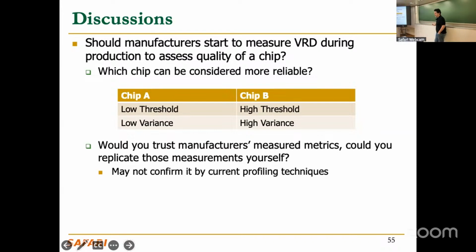We may not be able to reach the advertised threshold value at all, because we assume that this threshold value changes over time. They can just say, we have this lowest threshold that we encountered, and maybe you would try to test it at home and never reach that value because it's guard banded by some value. Any comments on that? Would you like to do it yourself, or would you trust the manufacturer?